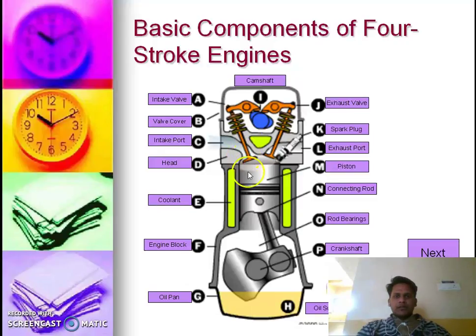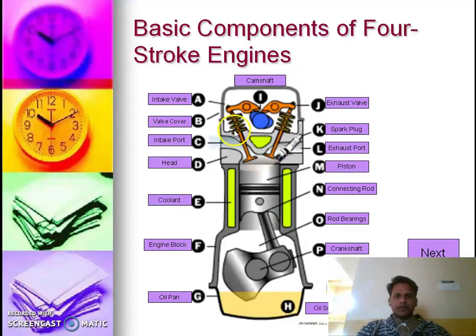In the four-stroke engine, four processes are completed: intake stroke, compression stroke, expansion stroke, and exhaust stroke.